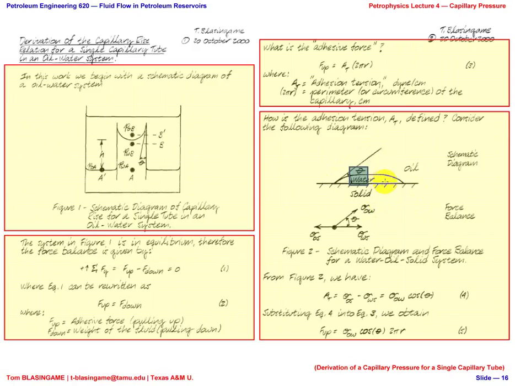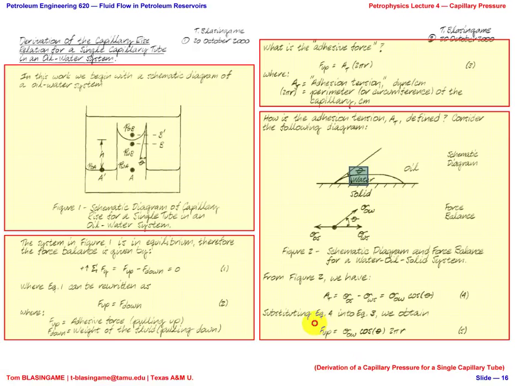In theory, what should the wetting phase angle be for water, class? It should be 0. A strongly water-wet system will pull it all the way out, right? What's the cosine of 0? 1. Okay. So if we assume a strongly water-wet system, then that term goes away, and we're just left with the interfacial tension.